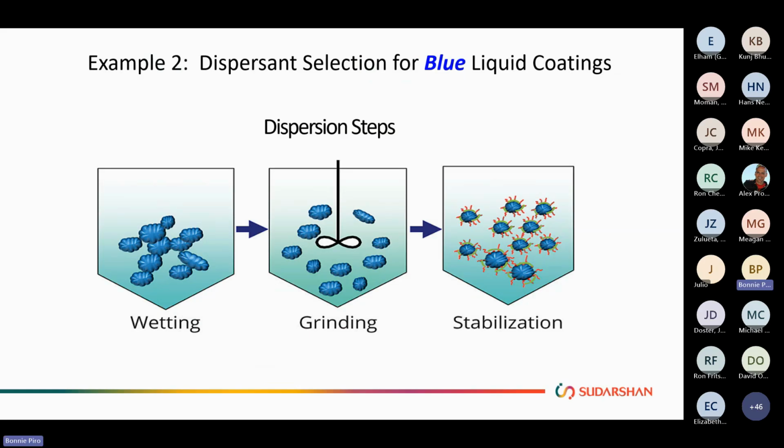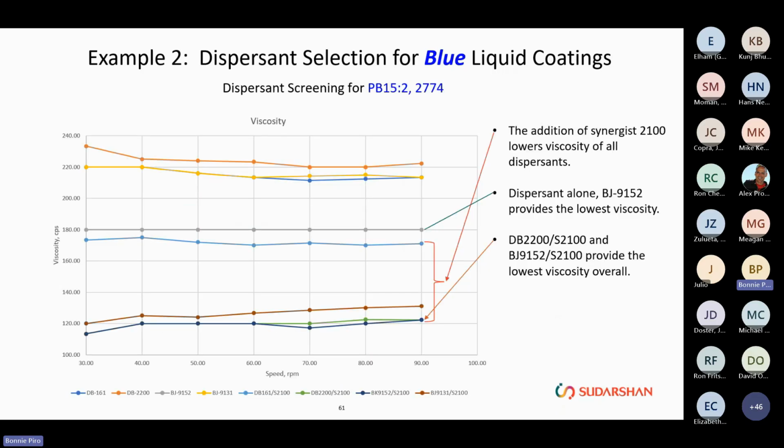The second example is dispersant selection for liquid coatings. This example shows the Pigment Blue 15.2 in a solvent-based formulation. Here we're using all the same formulations, the same DDP in solids and pigment level, and we're only looking at dispersant types, the polymer itself, as well as with and without a synergist.